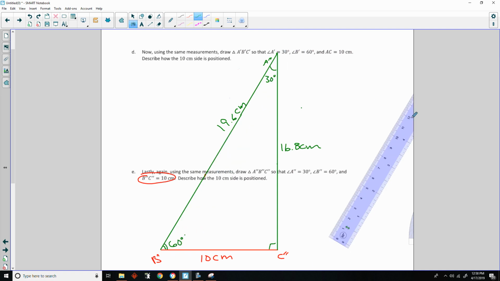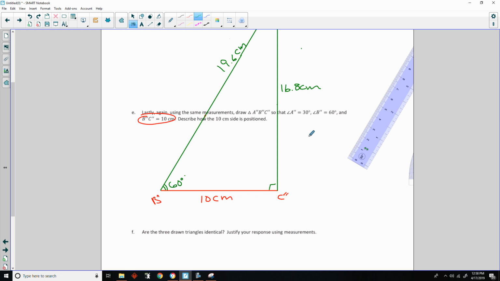Okay, so I'm going to write this down. A double prime, actually side A double prime, B double prime equals 19.6 centimeters.